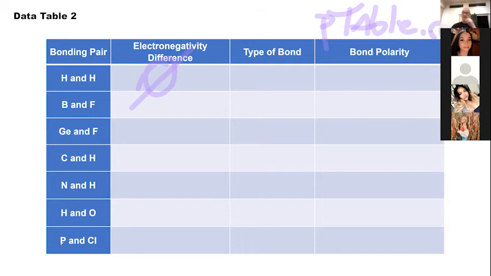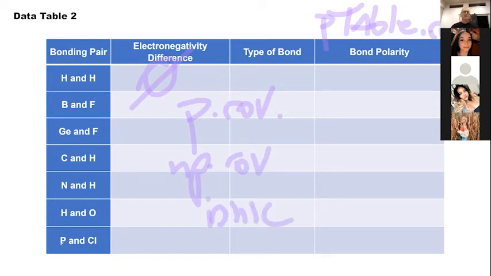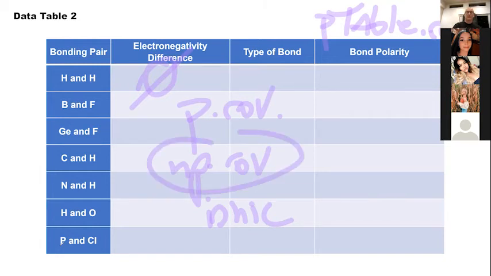You have 3 choices: polar covalent, nonpolar covalent, or ionic. With an electronegativity difference of 0, what type of bond is that going to be? Nonpolar. It's going to be super nonpolar. Nonpolar covalent.